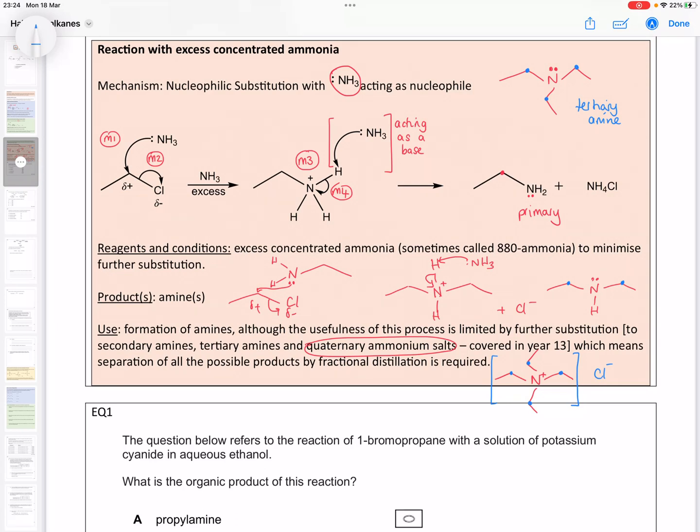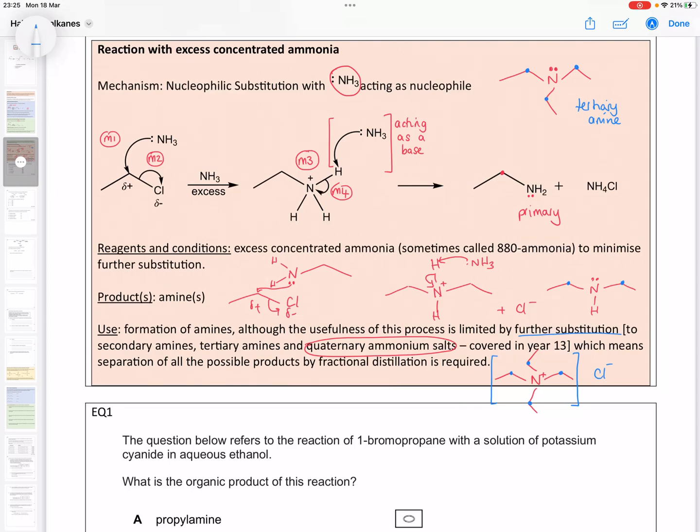So in year 12, we just need to know the mechanism to just make a primary amine. But you do need to be aware that further substitution, because each of the products remains a nucleophile because it has a lone pair, we can go all the way to a quaternary ammonium salt where 4 substitutions have taken place.